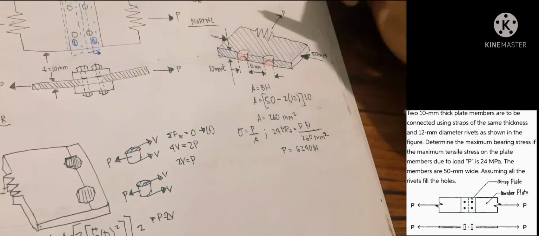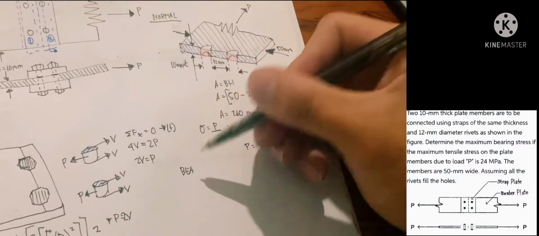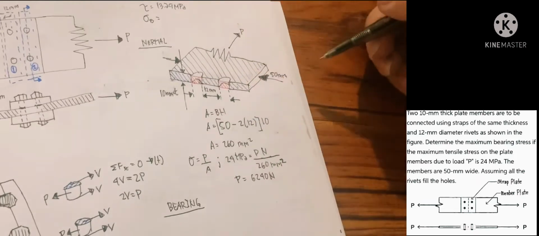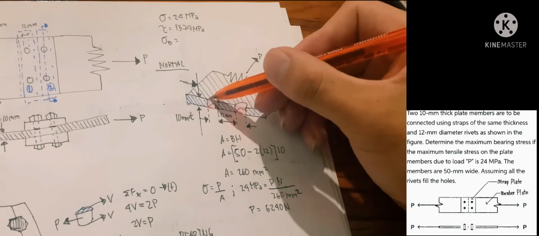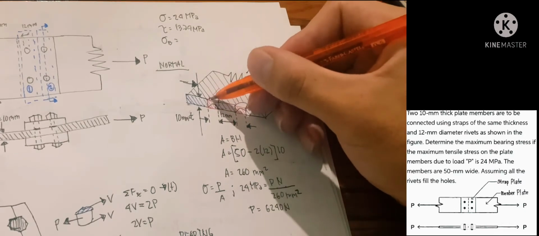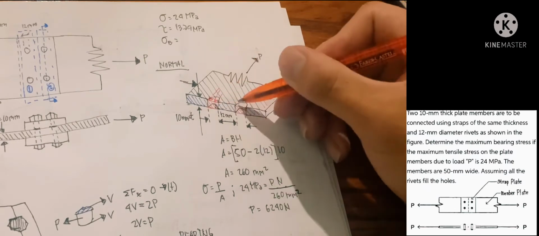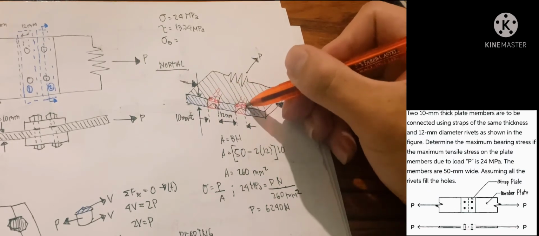So let us try to calculate for our bearing. We already drew the area that is going to resist the P with our red pen. So it is the maximum bearing stress. It would only be right here, the red ones.